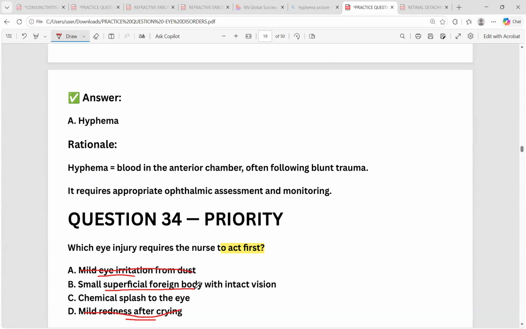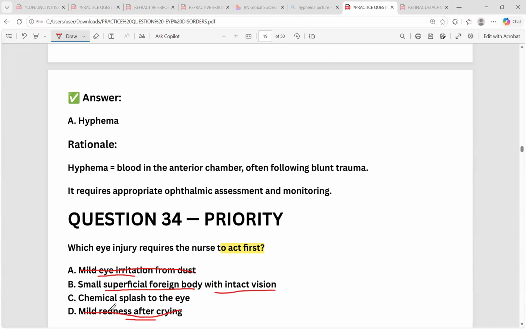Any small tiny particle is also an injury with a foreign body. But here the situation is with intact vision, which means there is no impairment of vision. So, comparing options B and C, which can be the possible priority scenario that needs immediate attention?